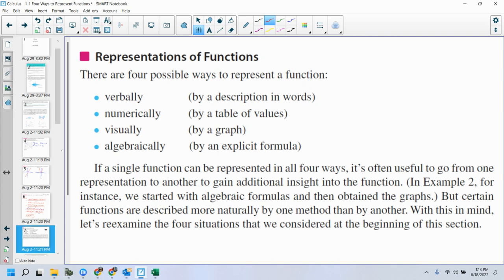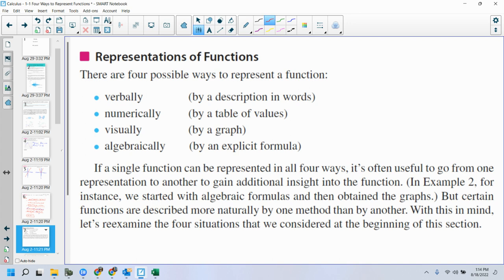Okay? Now, within calculus, what we're going to do is try to tie all of those together and really think about functions in a new way using all of these different types of representations to get a clear picture of what's happening within the function. If we can somehow describe it in words, that might inform how it looks numerically.